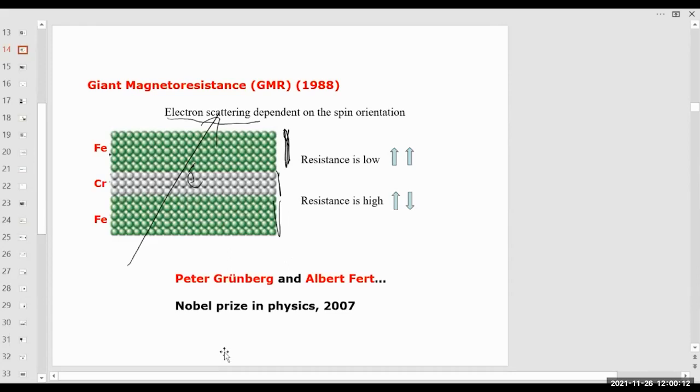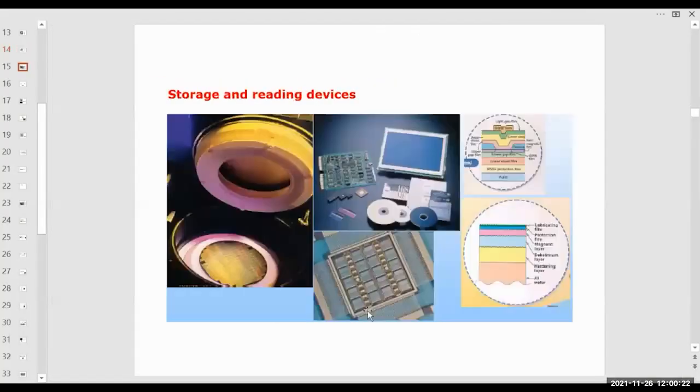This is how this science changed our lifestyle and how we benefited from it, and of course the related technology. Now these are the devices which we have been using: small devices, disks, reading devices, storage devices, and calculating devices, RAMs. We have developed so many efficient RAMs and all that.